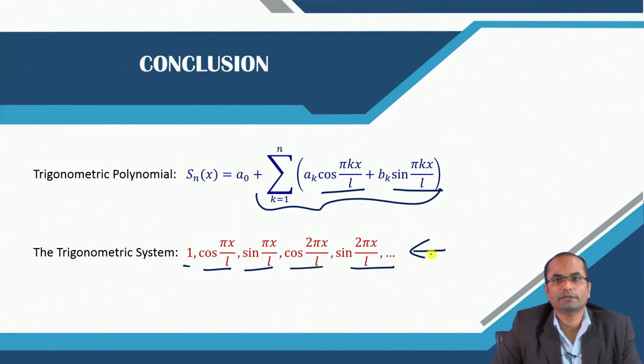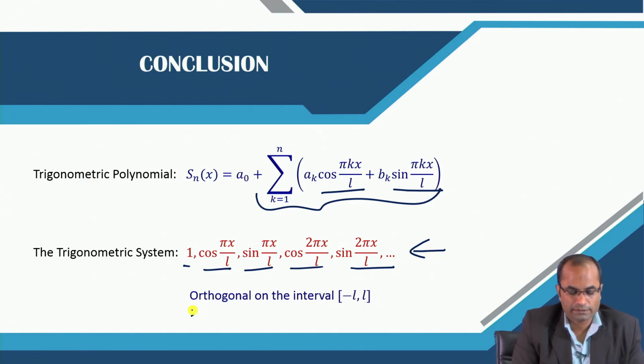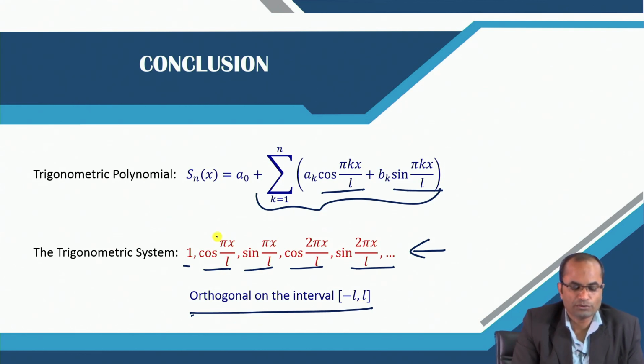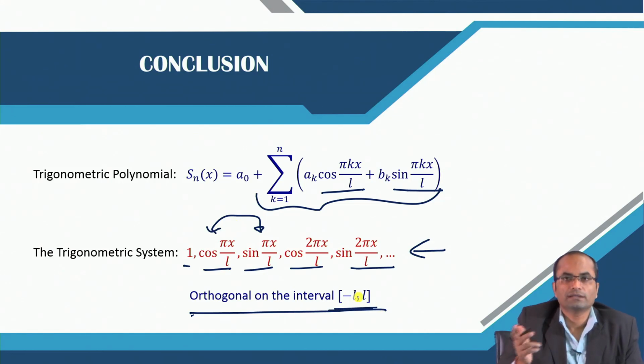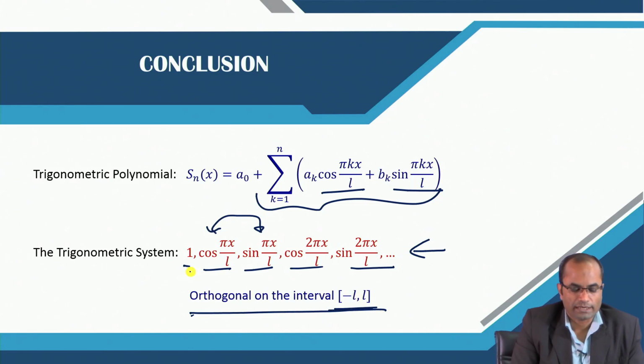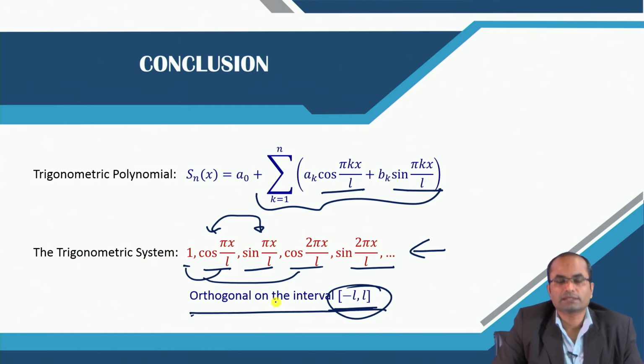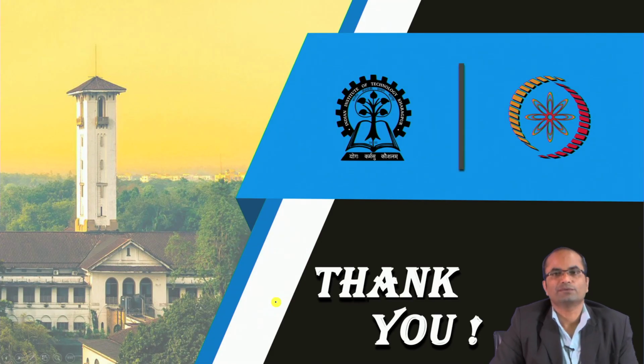The interesting property of this trigonometric system, which we have also proved, is that this system is orthogonal on the interval minus L to L. That means if we take any two different members and integrate their product over minus L to L, the value will be 0. So, that is all for this lecture, and I thank you for your attention.